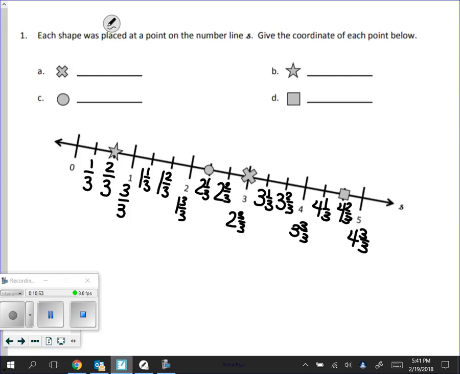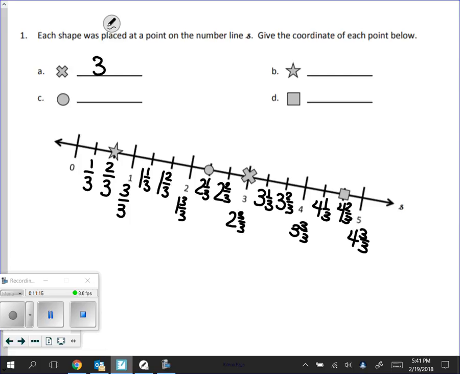So now you can write what is the coordinate of the x. Do you have to write 2 and 3/3? No, I prefer that you don't. I was just showing you how you get 3. So what is the coordinate of the x? You should put 3.